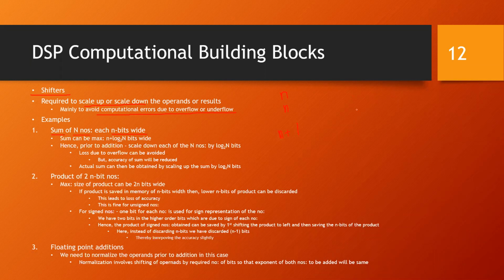For example, adding 3 and 3, which is 6 in decimal. In binary, what would happen? This would be 0, 1 carry, so it would be 1, and one additional bit is generated over here.